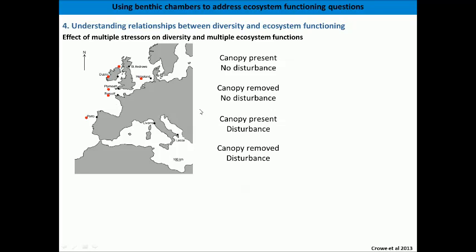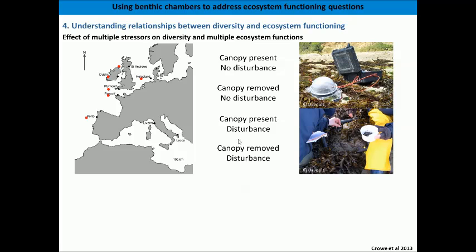At each area, we had a cross-factorial design to test the effect of both canopy presence or absence and disturbance or no disturbance. On each quadrat, by using this form of the chamber that had a square base, we could have on the same quadrat the carbon fluxes coupled to the actual diversity measurements.